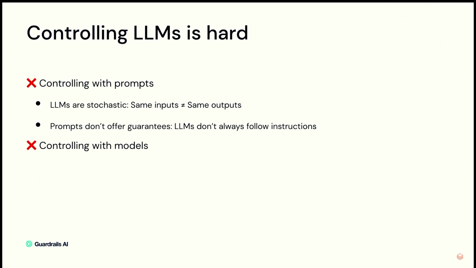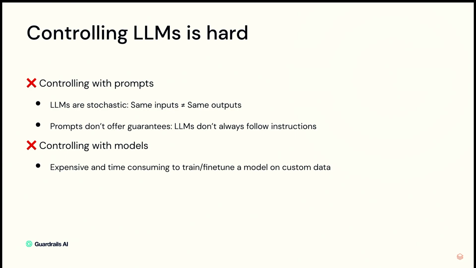The second alternative is controlling the LLM by tuning or tweaking the model itself. First of all, this is very expensive and time-consuming. My background and my entire career has been in training deep learning models to a very high degree of scale and to make them very performant, and it's a pretty challenging task.